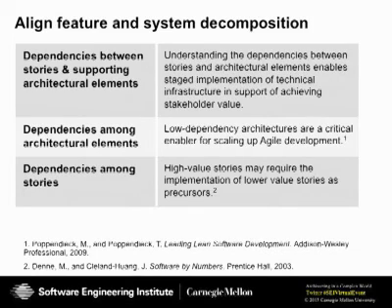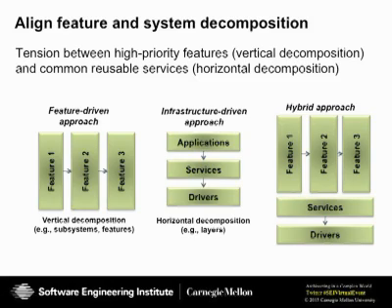So one way to start is understanding how you are going to decouple parts of the system and how this relates to the way the stories depend on each other versus how the architecture depends on each other and the mapping between them. The manifestation of the issue actually is very clear when we look at different kinds of systems, and there are typical ways that organizations react to this.